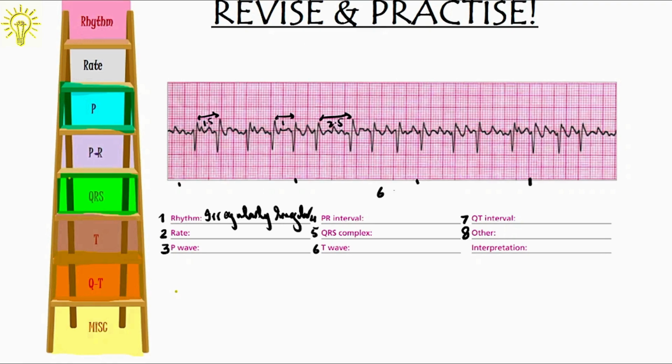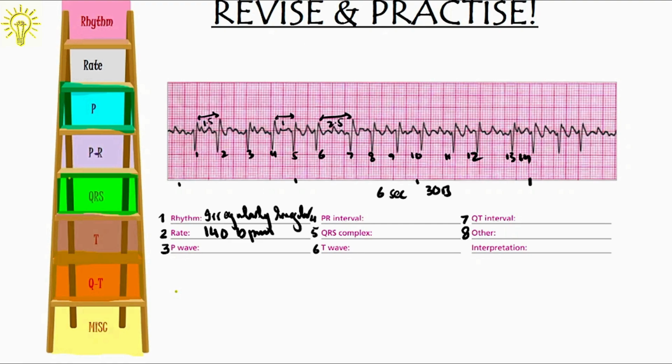This makes a 6-second strip of 30 large boxes, right? And in these we have how many R waves? 1, 2, 3, up to 14. So by the times 10 method, it turns out 14 into 10, 140 beats per minute.